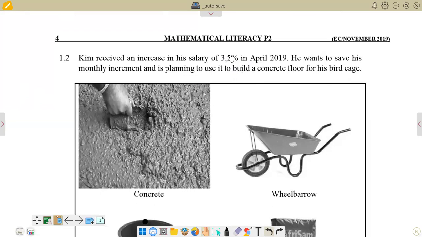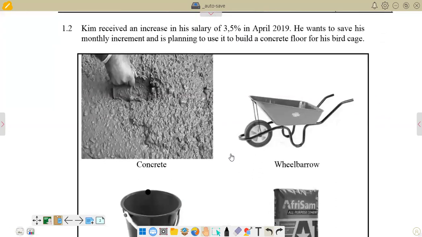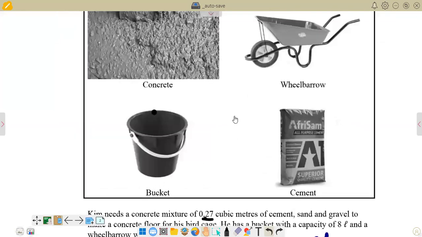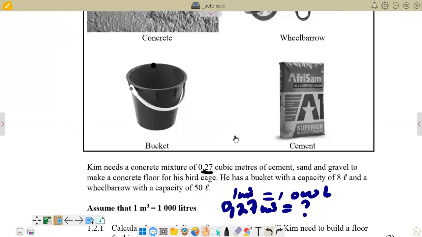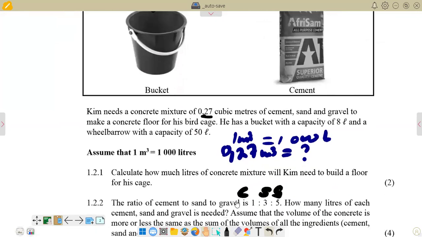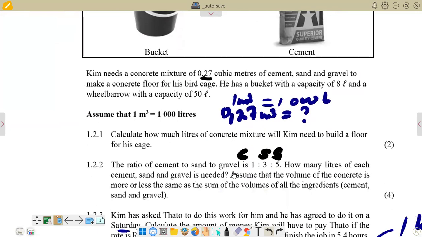So it means we're going to calculate the 3.5% per month and calculate the number of months. But we are told that this increment is from April. So we go back to the question again to see for how many months we are going to have this increment, and we go to question 5.